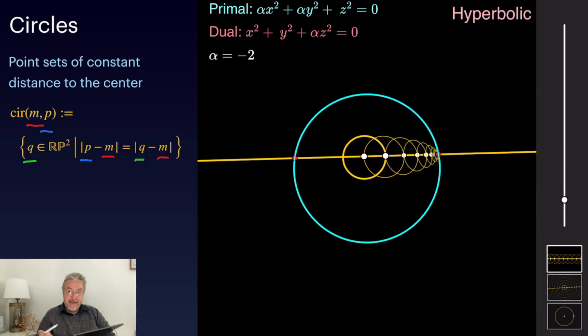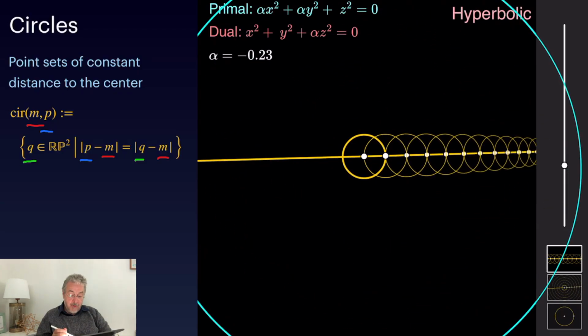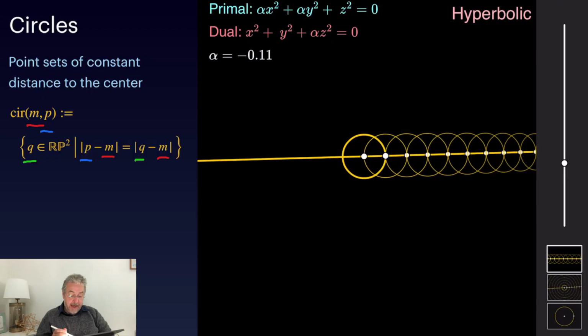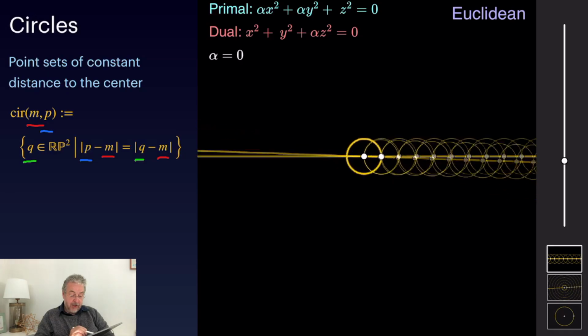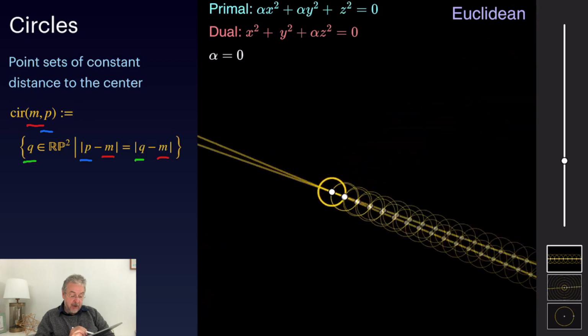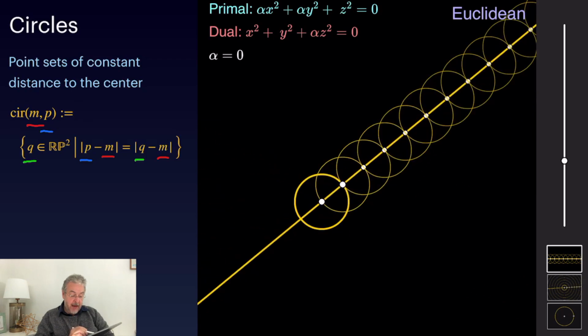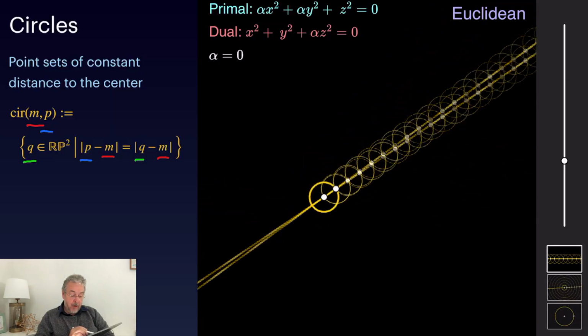And in between lies the Euclidean case, and let me now go to the Euclidean case, and you see you just get what in our usual Euclidean geometry we would consider as a proper chain of circles in one direction.